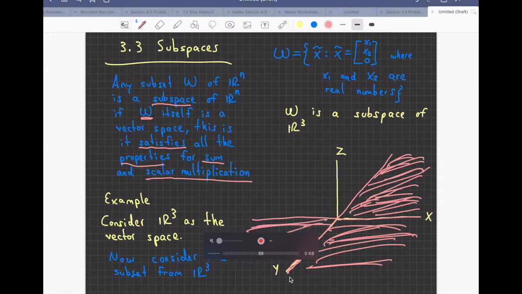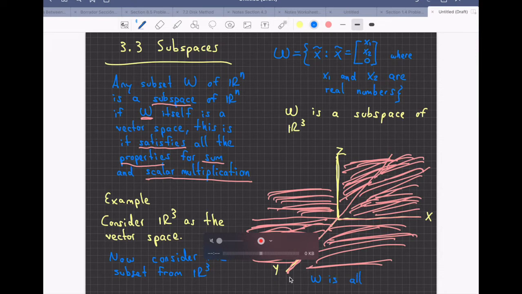All the xy plane is going to be W. So we could prove that W is a subspace.